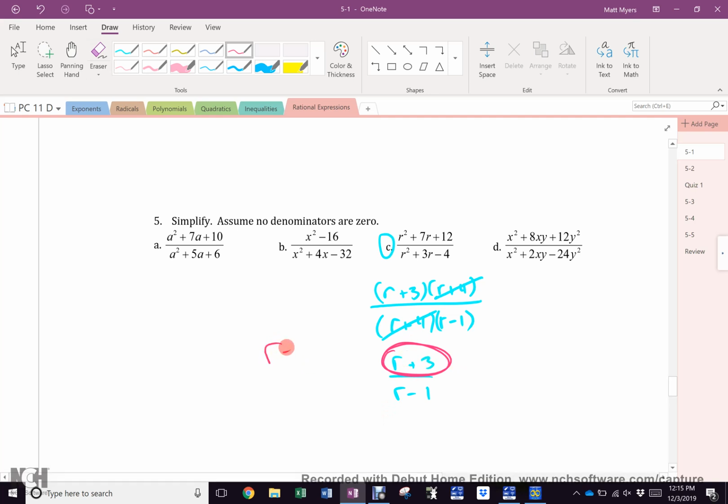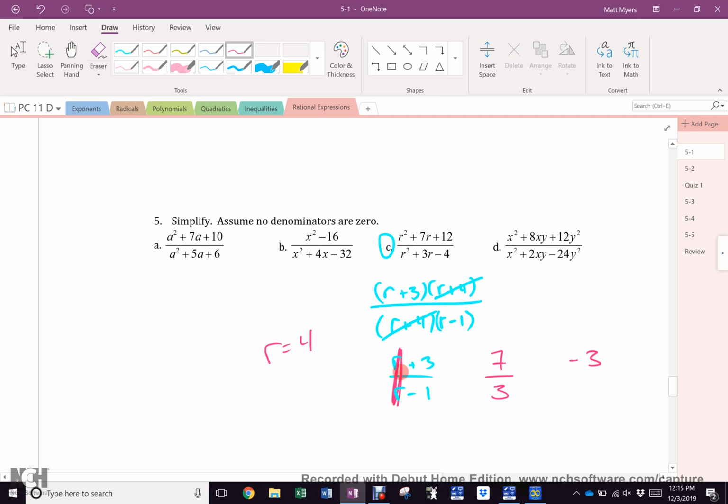If r equals 4, what is the numerator here? 7. If r equals 4, what is the denominator here? 3. Can that simplify anymore? No. If you cancel this, you're left with 3 over negative 1, which is negative 3. Is 7 over 3 negative 3? No. So you cannot do that.